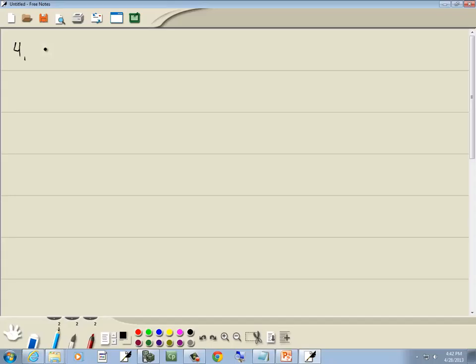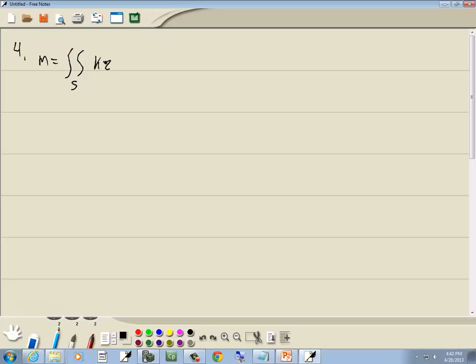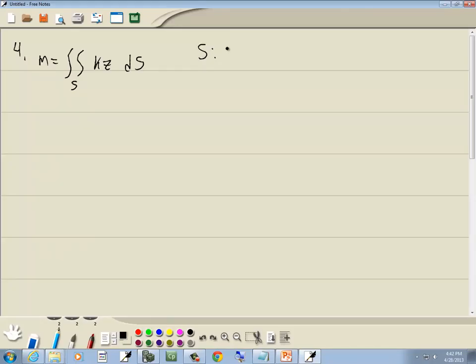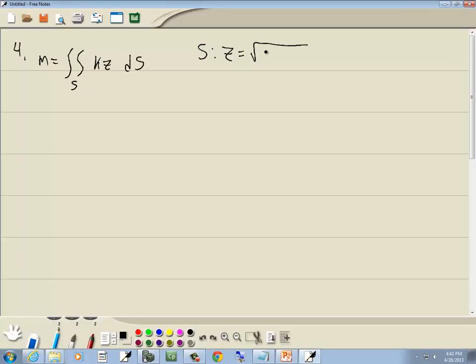So we got our mass, and then our rho is kz ds. Okay, and then S is z is equal to square root of 9 minus x squared minus y squared.